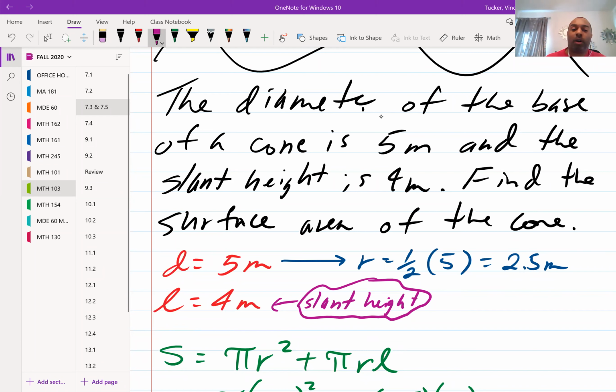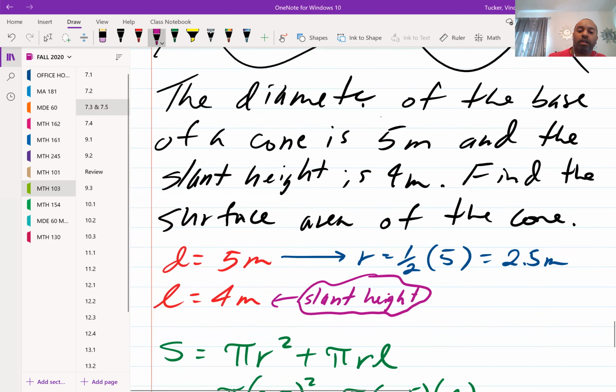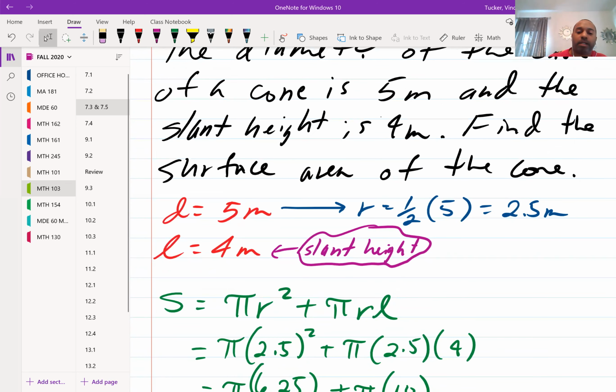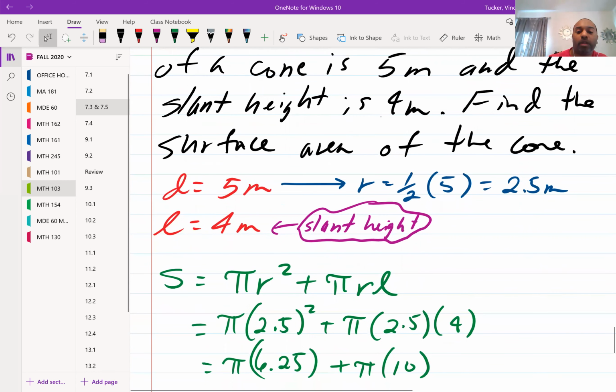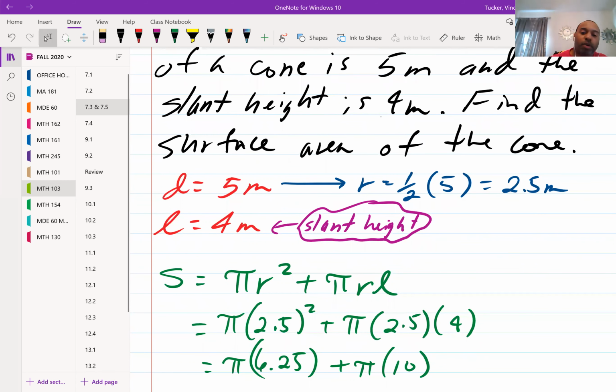We need R, but we have D, so we need to divide that by 2. So R is going to be 2.5. And then we plug them in: pi times 2.5 squared plus pi times 2.5 times 4. 2.5 squared is 6.25. 2.5 times 4 is going to be 10.